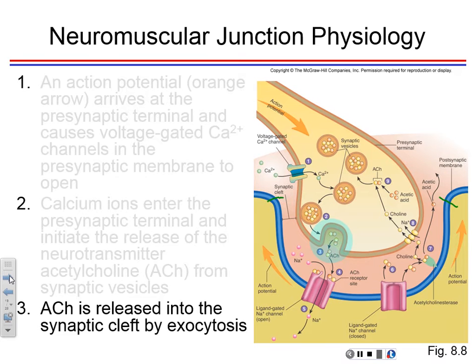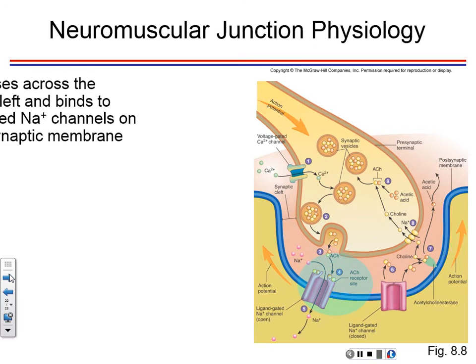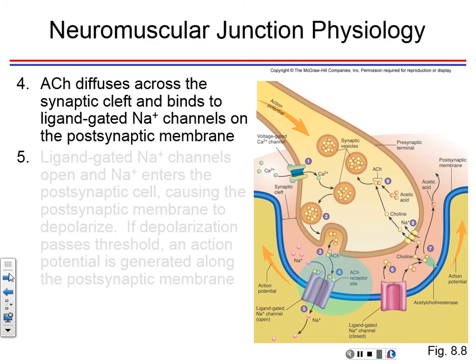You see the part with the sodium ligand-gated channels. And then once acetylcholine attaches to the sodium ligand-gated channel, what happens? They open up and sodium starts to rush into the cell. Okay, so that's number 3. Sodium starts rushing into the cell. Anyway, so number 4.